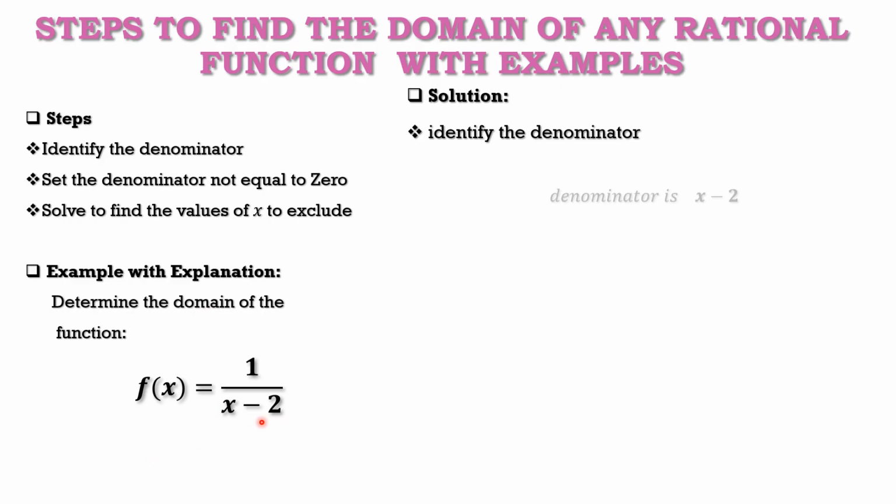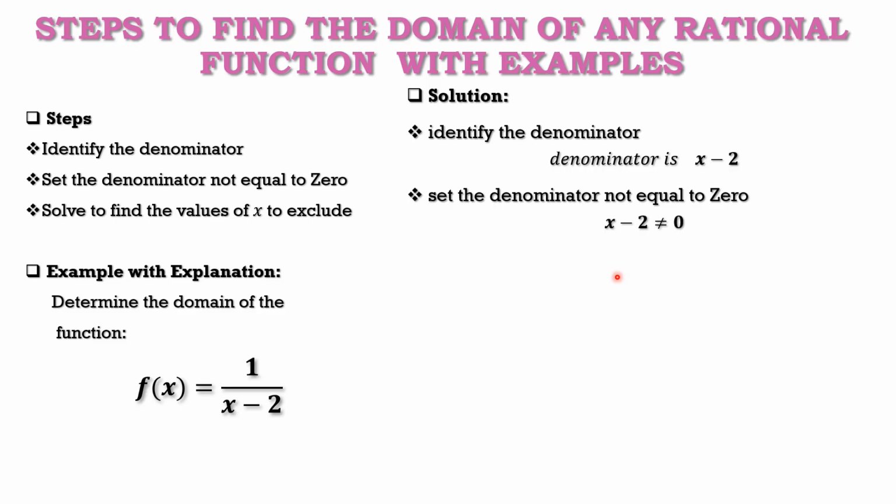The denominator is x minus 2. The next step is to set the denominator not equal to 0. So from this example, we are going to write x minus 2 not equal to 0.